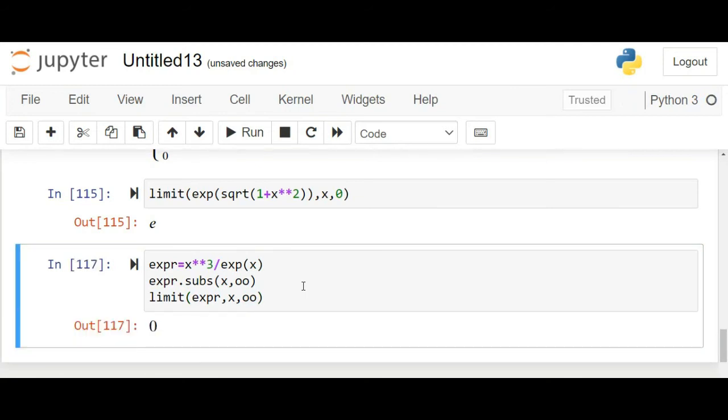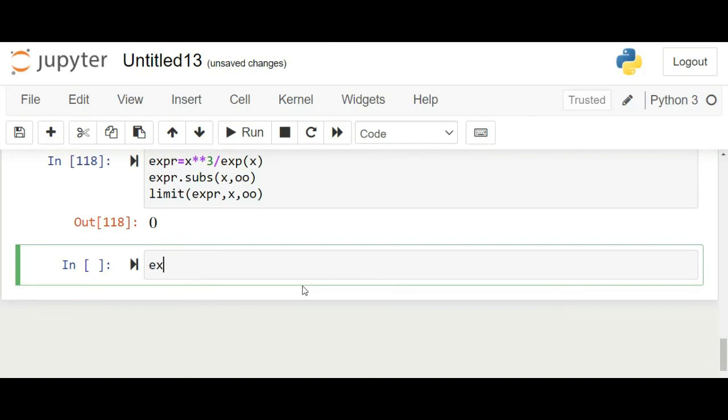Okay, and moving a little bit more, with the expression equal to limit, inside the parentheses, again parentheses, we will write cos of x minus 1, divided by x, comma 0, which means the limit at 0.